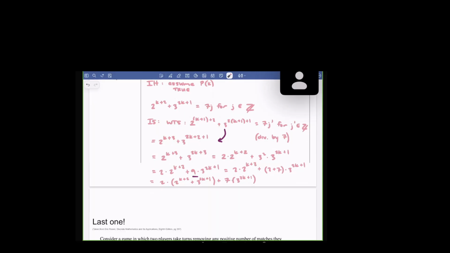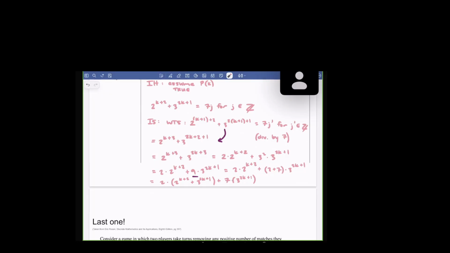And we're left with these 2 terms, right? 2 times our inductive hypothesis, which we assumed was divisible by 7, plus 7 times 3 to the 2k plus 1. And here we could finally use our inductive hypothesis. We know that this is divisible by 7. I won't write it out because we don't have any more space. And we see that this term has a 7 here, and it's divisible by 7.